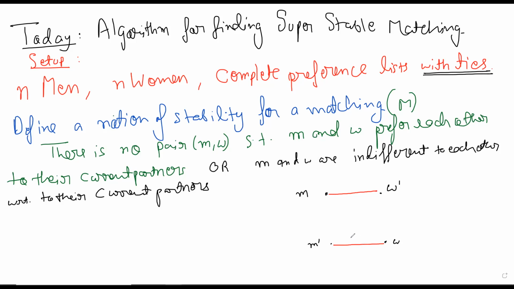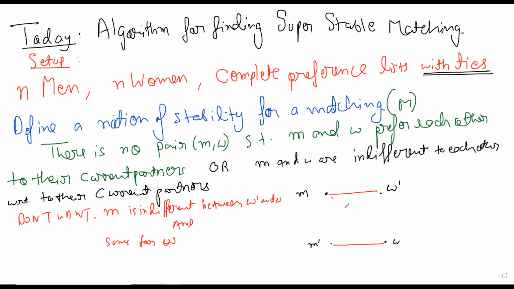then we do not want the following situation. We don't want that M prefers W, or M is indifferent, or it's tied, between W prime and W. We don't want M to be indifferent between W prime and W. And same for W. So we don't want M to be indifferent between W prime and W, and also W to be indifferent between M and M prime.